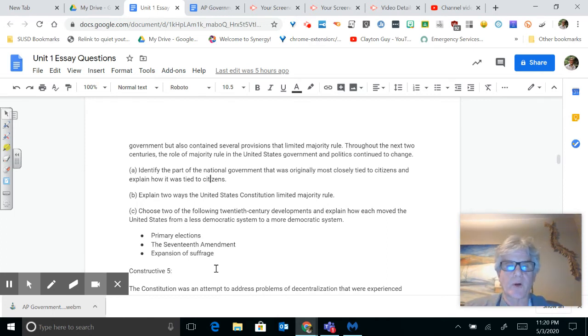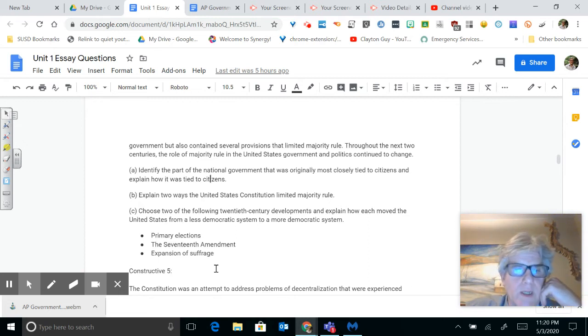So primaries became more democratic. Both Republicans and Democrats have used a primary system instead of a caucus or convention system, even though we still have caucuses and we have conventions at the end, but primaries are the primary way that we actually choose our nominees.